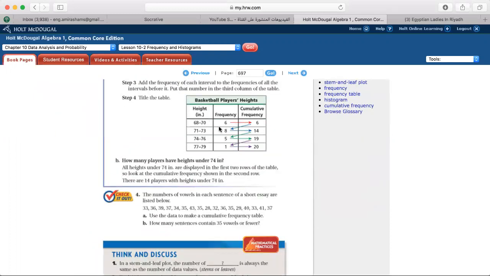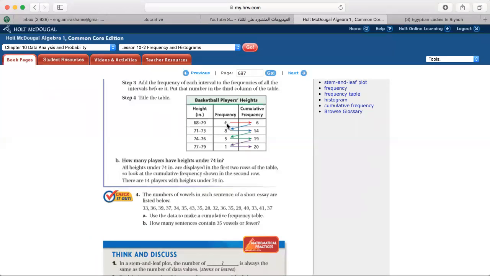After I collected the values in each interval and wrote them here, I write the cumulative frequency like this. The cumulative frequency is adding the frequency and the frequency above it.